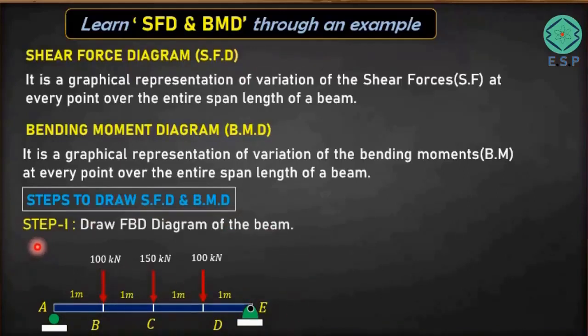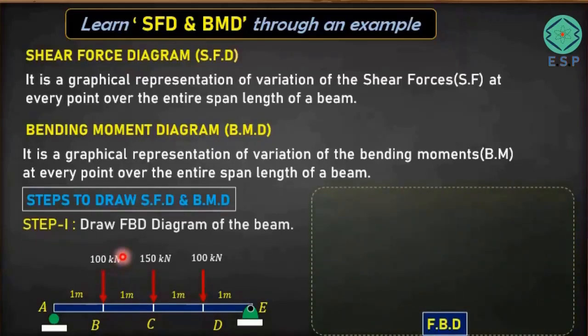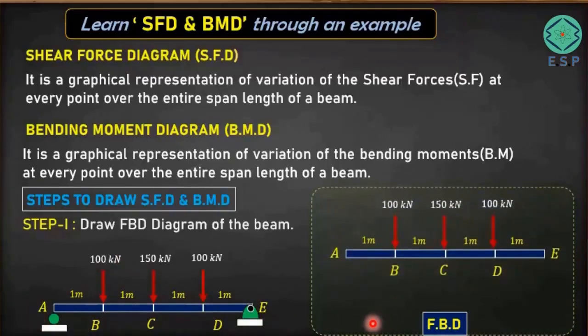So the first step, as mentioned, is to draw the free body diagram. As we know, while drawing a free body diagram, we make the beam free from all supports. The forces acting on the beam are as mentioned here. We will have a support reaction at point A, RA. Since it is a roller support, it will have only a single vertical support reaction RA.